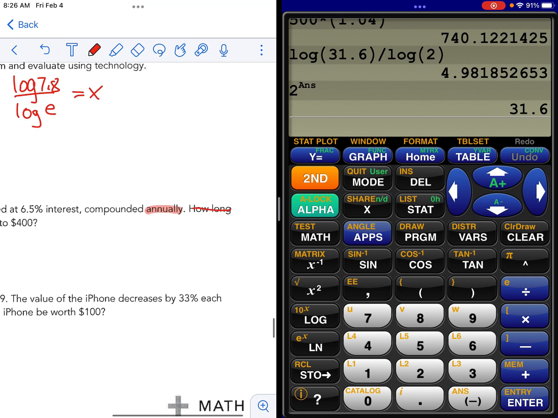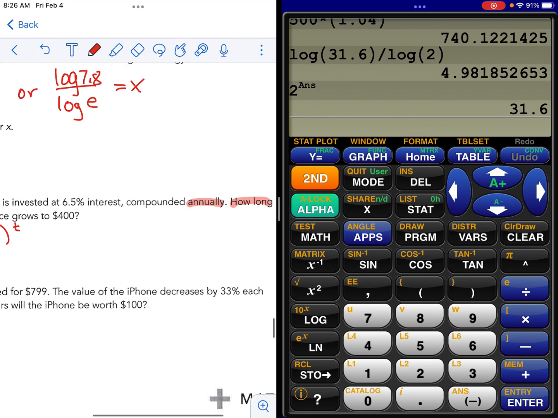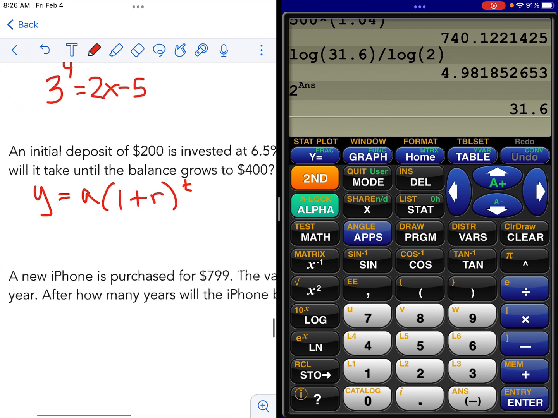We're solving for t, that's the question, the how long. We have 400 here, and this is 200 times 1 plus 0.065 to the t.